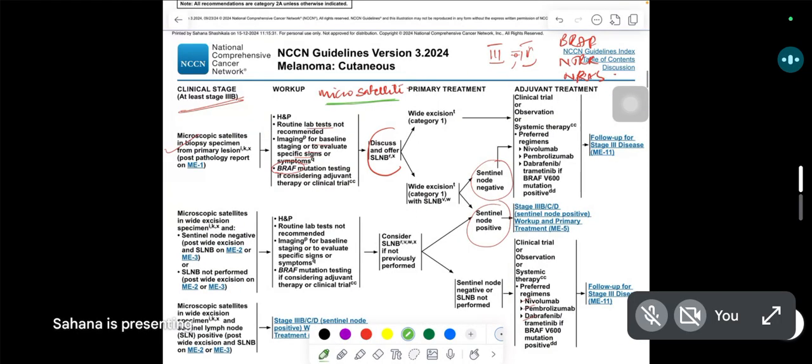See, whenever this comes into the purview of resection, you can still resect. For example, the definition of satellite and in-transit is by distance from the primary. This is the primary. You find another lesion within 2 centimeters or beyond 2 centimeters, you will call it satellite or in-transit. If these lesions can be encompassed in your wide local resection, plus or minus reconstruction, definitely you can go ahead with surgery.